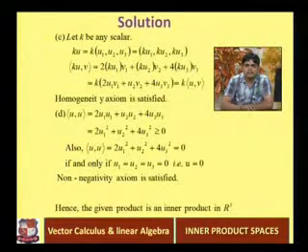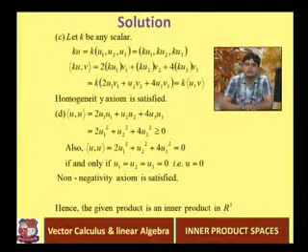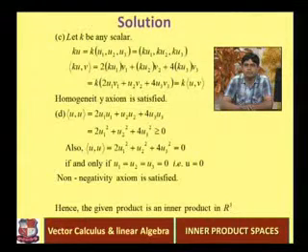If we let the inner product of u comma u is equal to 2 times u1 square plus u2 square plus 4 times u3 square is equal to 0, this happens if and only if each element of vector u is 0, otherwise the inner product of u comma u is never 0.